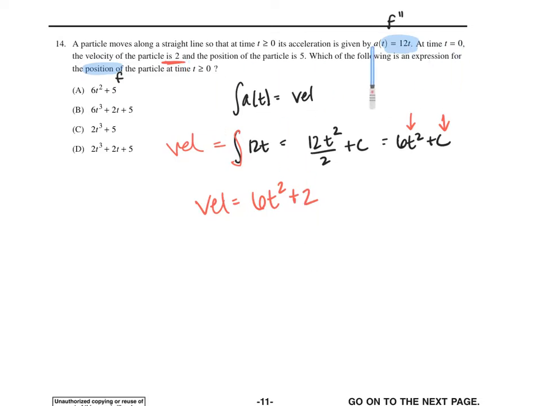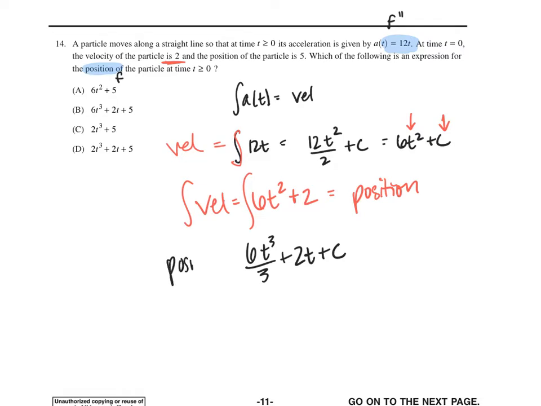And then at time t equals 0, the position is going to be 5. So how do I get to position from velocity? If I integrate velocity, or integrate f prime, I'm going to get position. So the antiderivative of 6t squared would be 6t to the third over 3 plus 2t plus a constant.